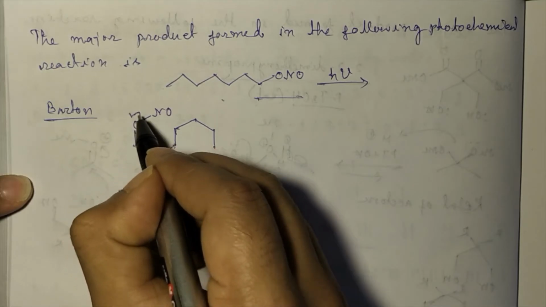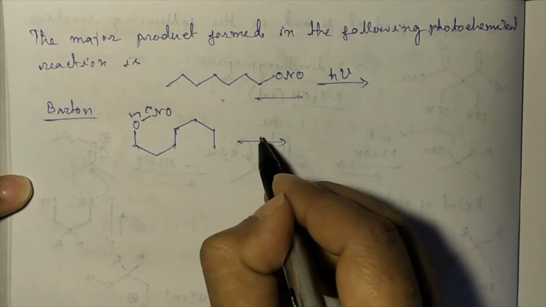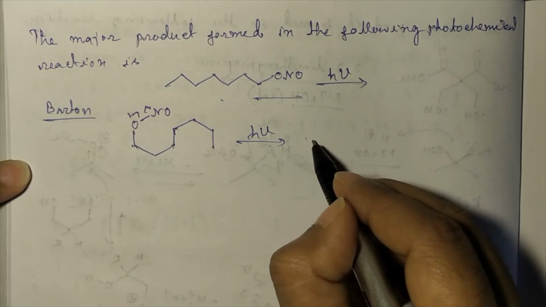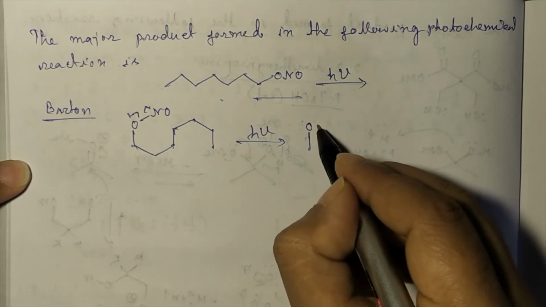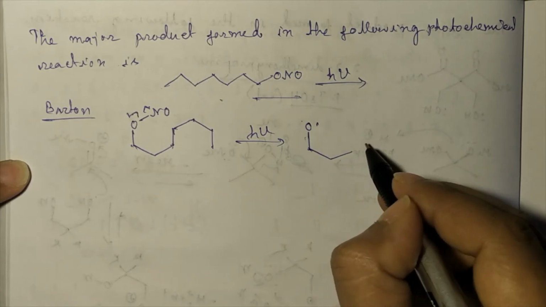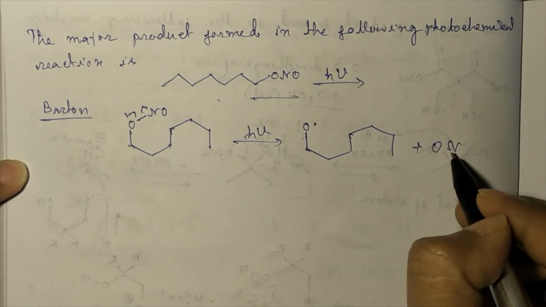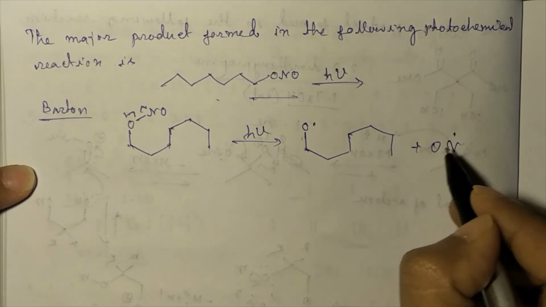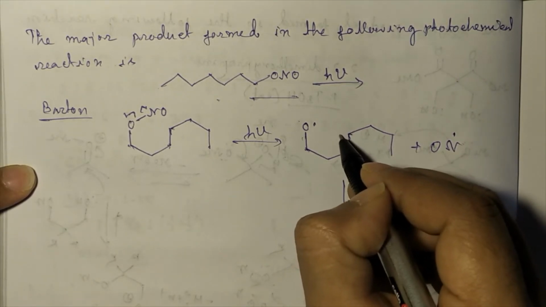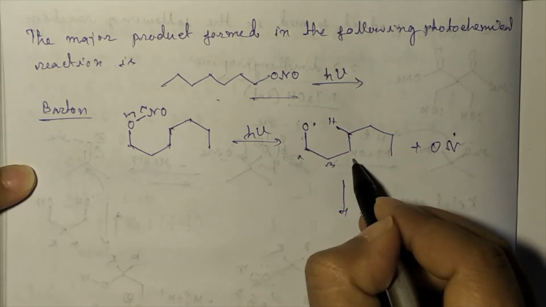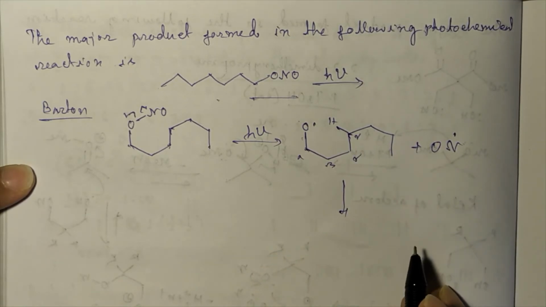First it will break when it is photochemically irradiated. So two radicals will form, plus NO. Now it will take one hydrogen from the alpha, beta, gamma, delta carbon.